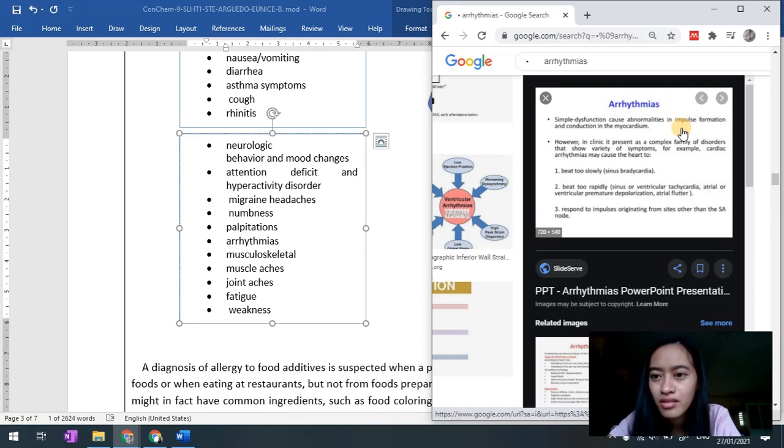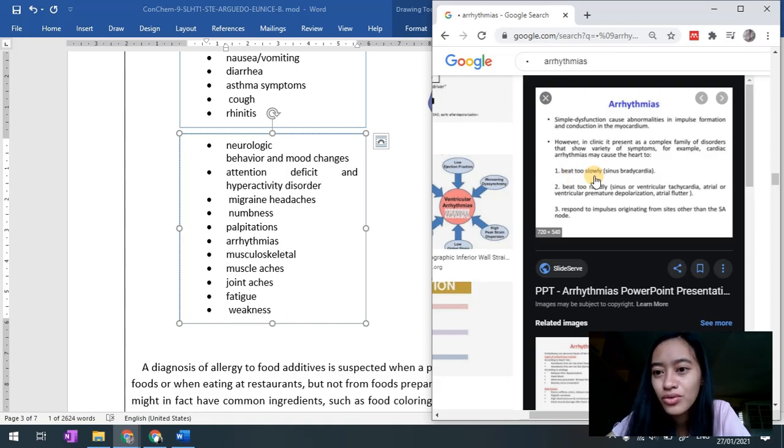Okay, the impulse formation and conduction in the myocardium. Maybe in the heart, ganing pagbeat sa imong heart. Because it's caused by kuan man. Mura siya og potential impulse and movement dito sa imong heart nga. Bump siya, niya mabalik niya.